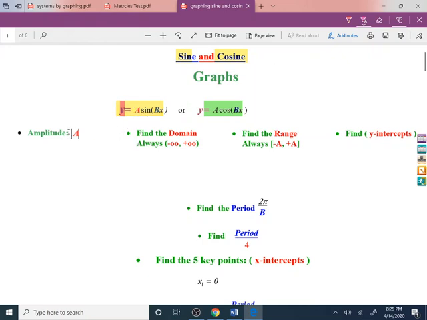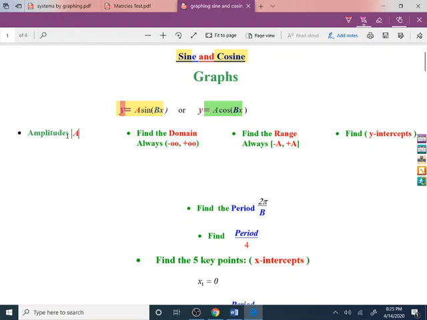The A gives me the amplitude. What do I mean by the amplitude? How far the graph of the function goes up and down, the maximum and the minimum for the function.